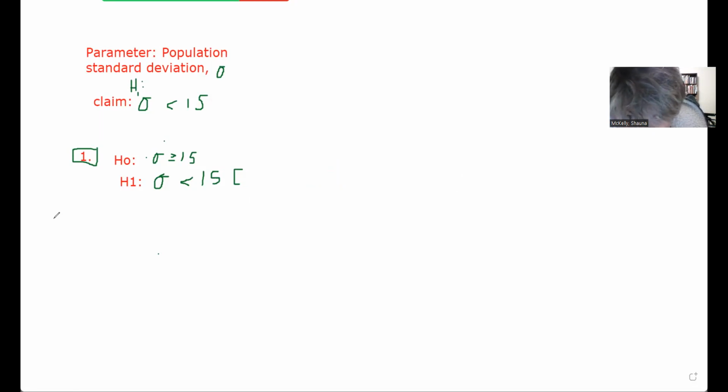So let me erase this part. Let me put claim next to this. So I'm just going to do this again here. Let me use a text box. This is my claim. And it is a left tail test.